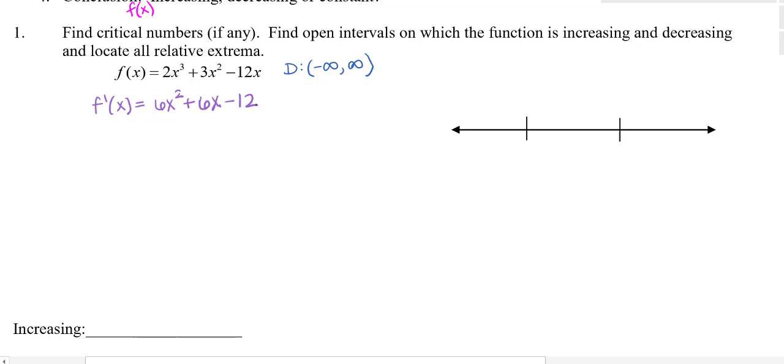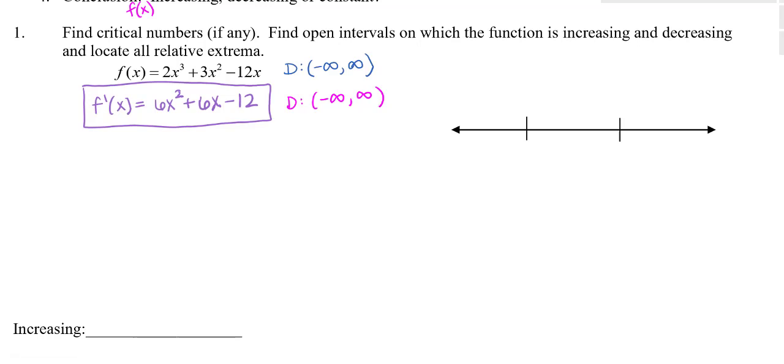Don't divide by anything yet, because again, this is just that first derivative. And when I'm evaluating my signs, I want to use the actual first derivative, so I'm going to keep that so I can reference it. The domain of the derivative is also all reals. I have no restrictions to that domain. We're just starting off with a polynomial function to get our feet wet here, so I don't have any other values that I need to add to my eventual number line.